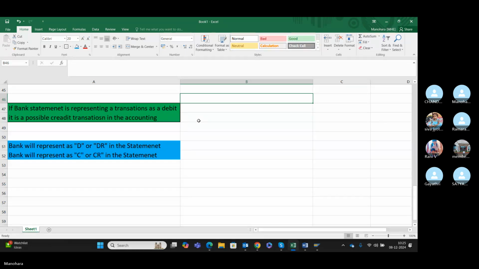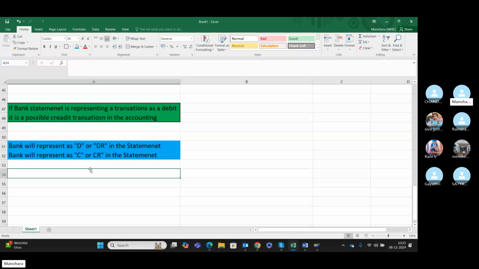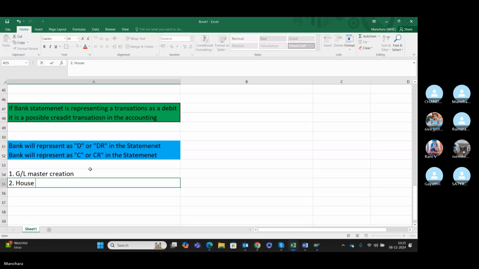Continue. If you are understanding electronic BRS, manual BRS, whatever it is, we need to understand first of all, everybody knows GL master, how a GL master is created, right? You have to be familiar with these transactions. And second, house bank creation logic: how house banks are created.